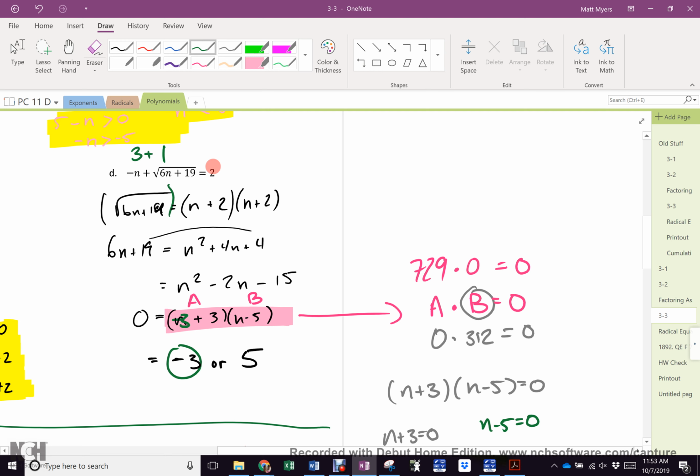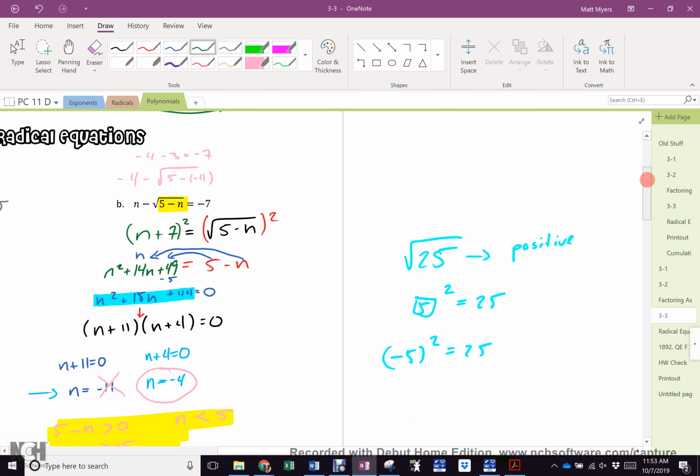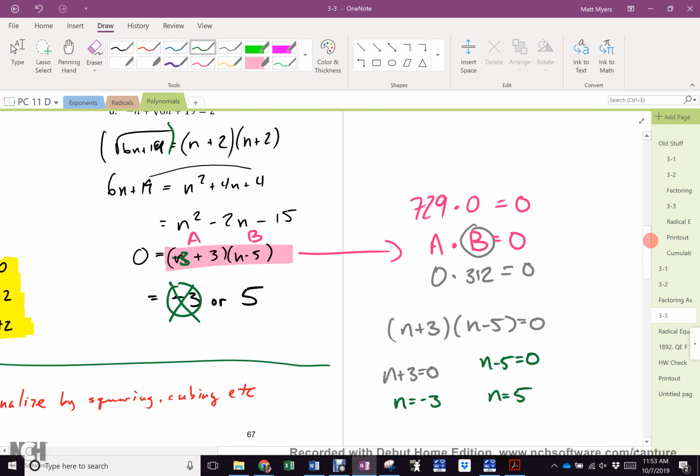No. So is this an answer that works? No. Does anybody remember what we call that? I don't know if I wrote it on your page at all. I didn't. This root that doesn't actually exist is called an extraneous root. Because it's extra. It doesn't work.